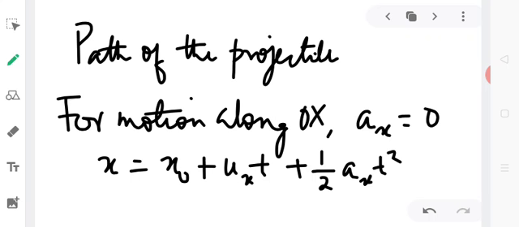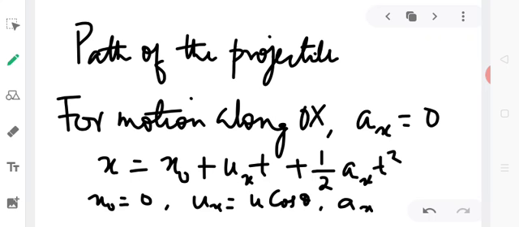Now we know that x naught is equal to 0, ux is equal to u cos of theta and ax is equal to 0. So we can substitute it in the above equation.